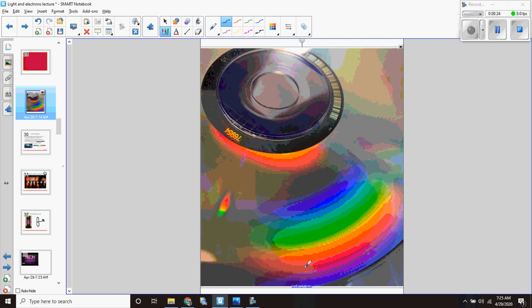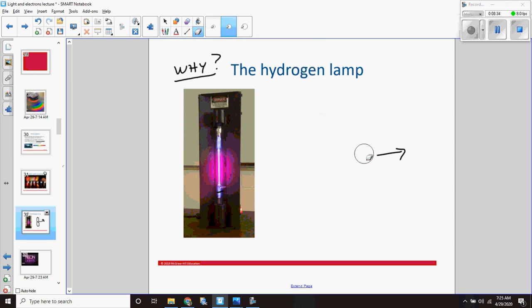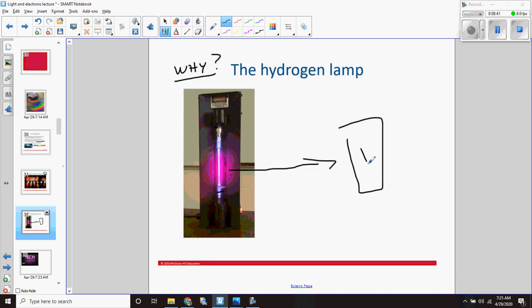What if we take the light that's given off from something like hydrogen and pass it through, let's call this a P for prism, and then look at the light coming out? Prisms allow us to separate light. Maybe there's one or more types of light actually given off inside here. So we'll pass this light through a prism and take a look on this end.